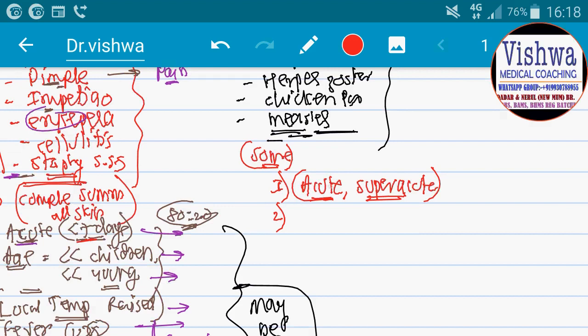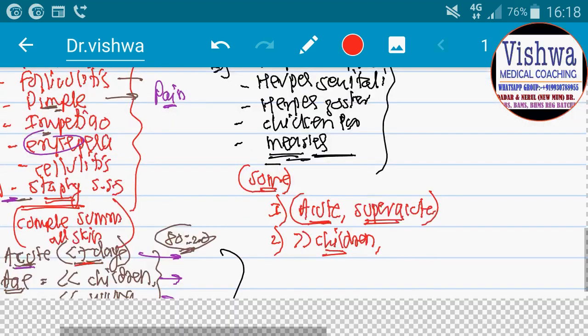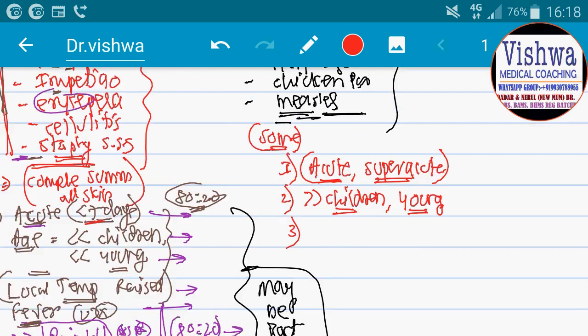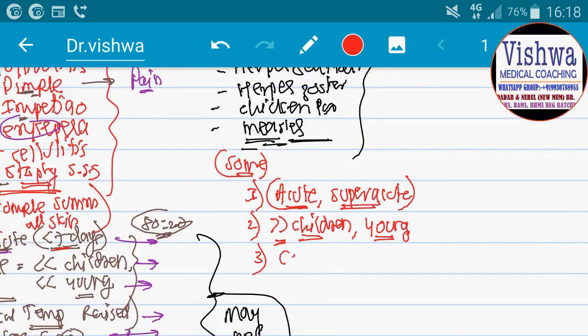Now this is, let's say, the common. We also have it more common in children, like for example chicken pox, measles, more common in children as well as the young population. Third important feature is what happens to the constitutional symptoms?